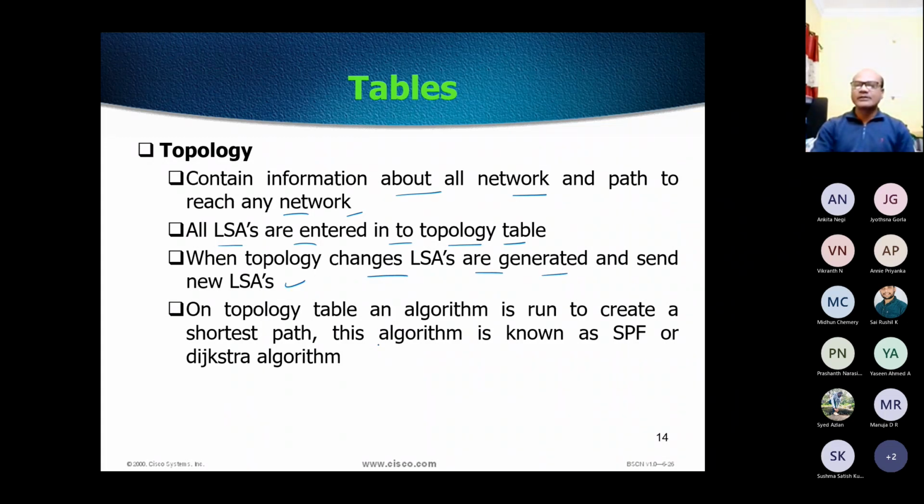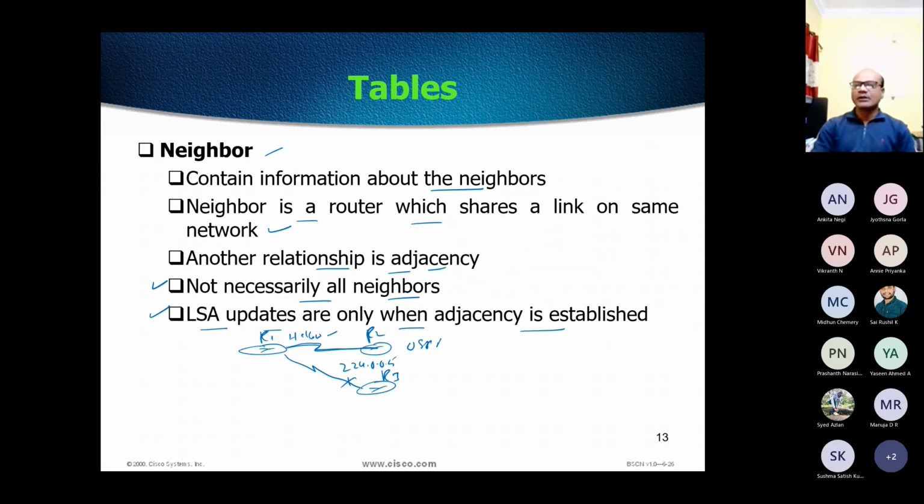If any topology changes, as I told you in this example, maybe in the future you want to form the neighborship, so this guy will send the new update. What happens when you send a new update?